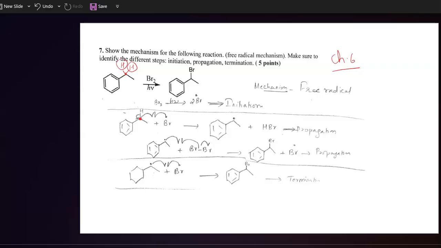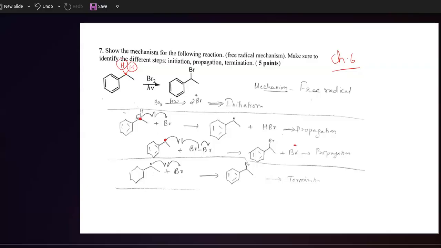So you can see that the bromine removes one of the hydrogen atoms, and then it forms a radical here. Okay, the side product is HBr, and then we can have one more propagation step where this benzyl radical is reacting with another bromine molecule, and again arrows are drawn to form the carbon-bromine bond, and a new bromine radical is formed.